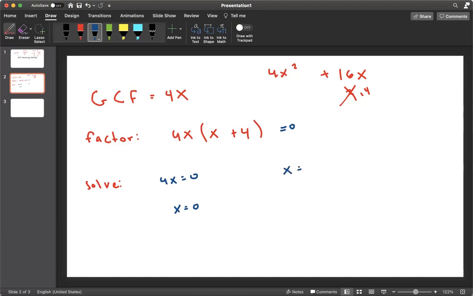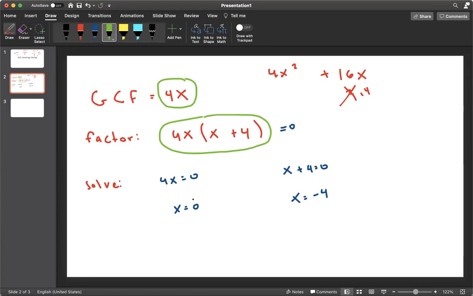And we set x plus 4 equal to 0, and we figure out that x is equal to a negative 4. So GCF is 4x. My factored form would be this. And when I solved, because there are 2 parts, we are going to have 2 answers.